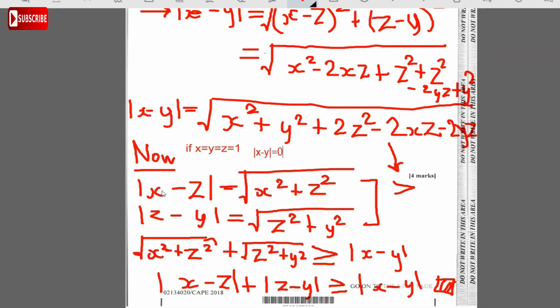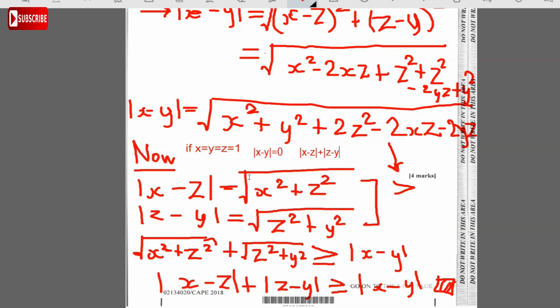Now look at this. If x, y, and z are 1, you'd be getting the mod of x minus z plus the mod of z minus y.